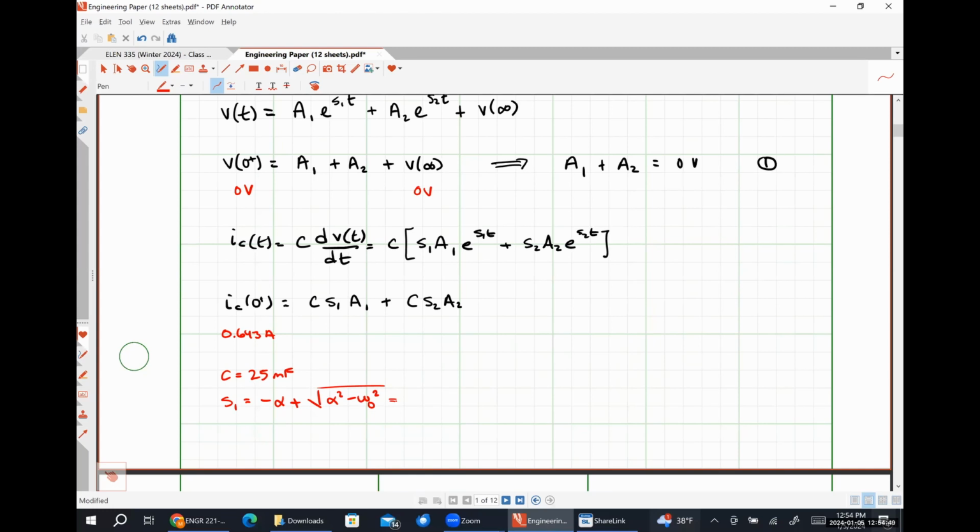All right, so let's see. Alpha was 3.333 nepers per second. So negative 10/3 plus the square root of 10/3 squared minus 3 squared is negative 1.880.